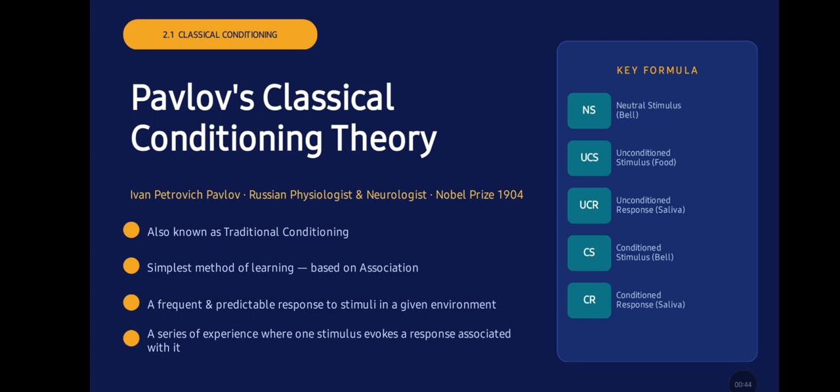Pavlov's classical conditioning theory. He was a Russian psychologist and neurologist, Nobel Prize 1904. Also known as traditional conditioning, it is the simplest method of learning based on association, a frequent and predictable response to stimuli in a given environment.